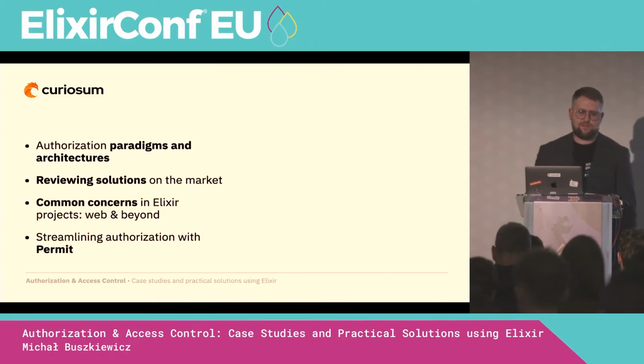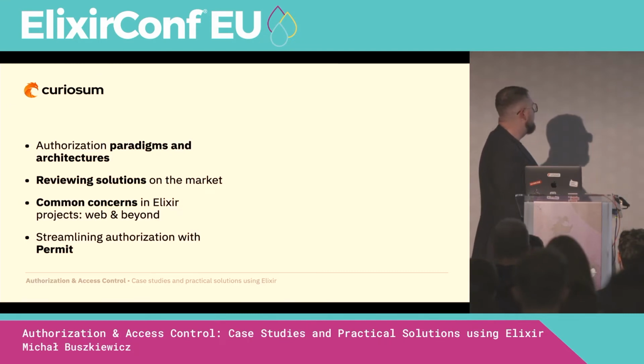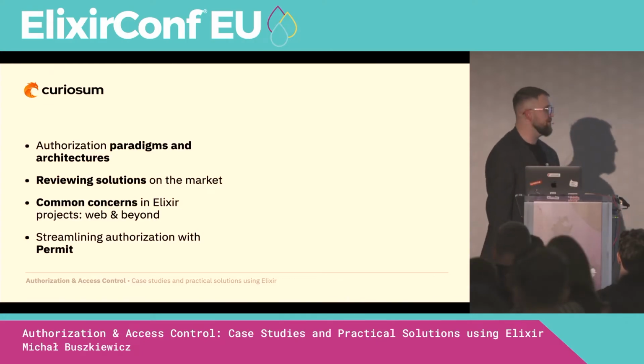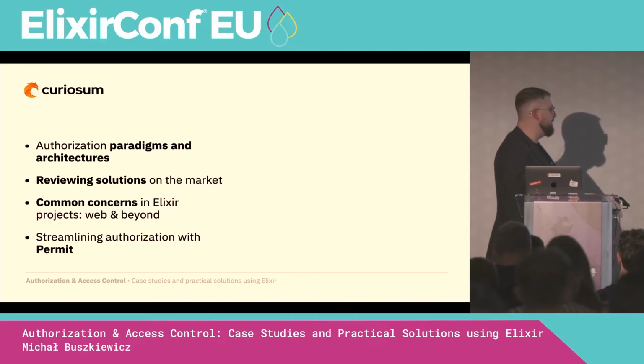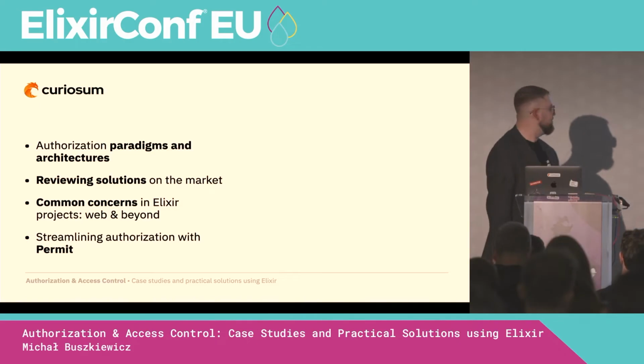So what's the topical focus for today? Authorization paradigms and architectures. We'll discuss some structures of how permission control is done in code bases and how we can define permissions for resources we manage.